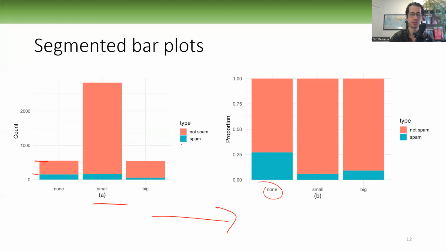Because we're dealing with two different separate variables, we need to use proportions, otherwise we're not going to be able to compare them. And we can see, as we saw on the numbers before, that nones have a much higher rate of spam than the categories with a small number or with a big number.